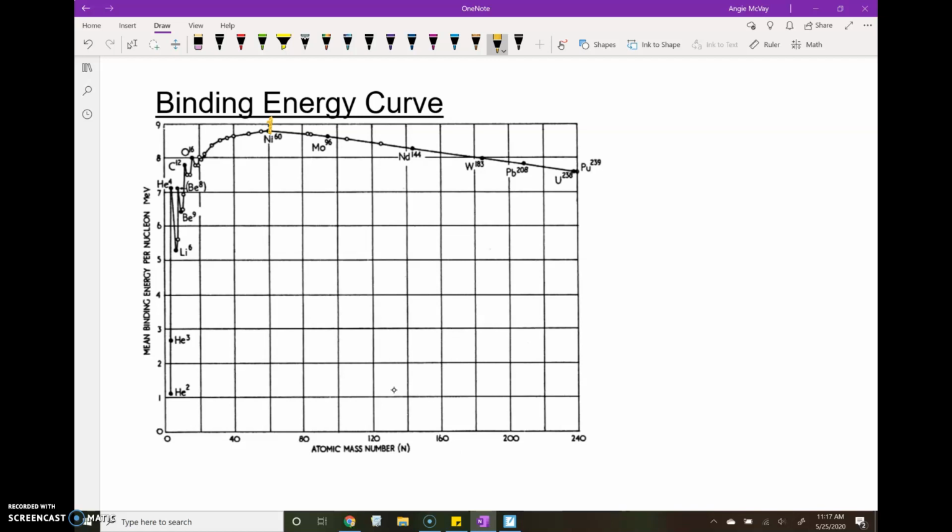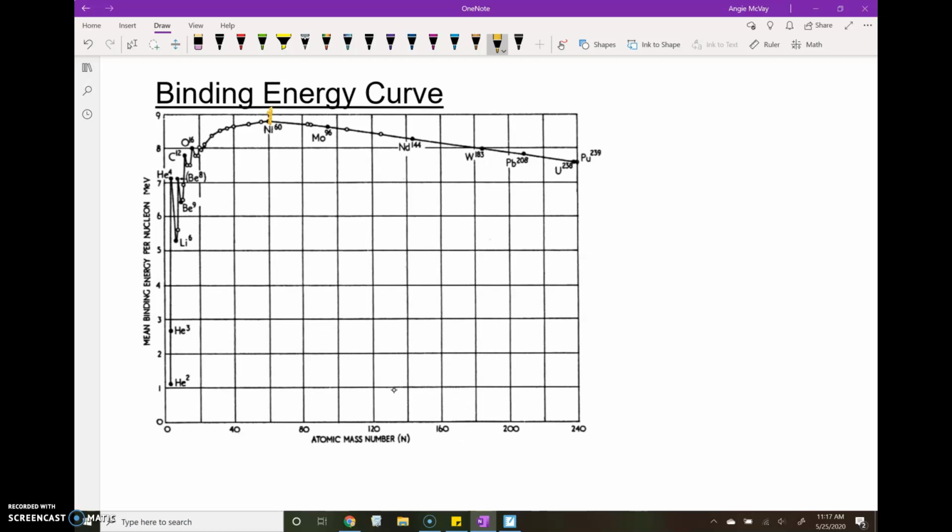Okay, so what does that tell us? It's able to indicate not just when a nucleus will randomly decay, but also which atoms can be torn apart and which atoms can be fused together.